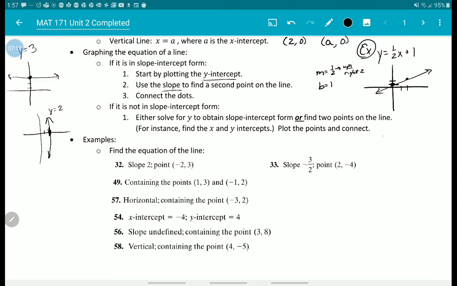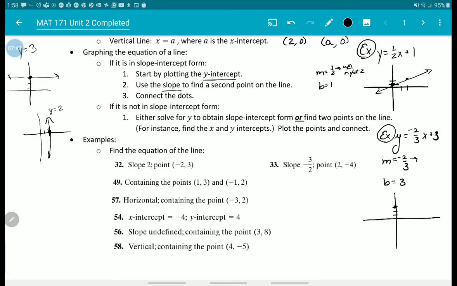Let's do another one. Suppose we had y equals -2/3 x plus 3. Our slope would be -2/3. The y-intercept is 3. So if we wanted to graph, we would start with the y-intercept of 3. And then that slope will give us a way to find the next point.